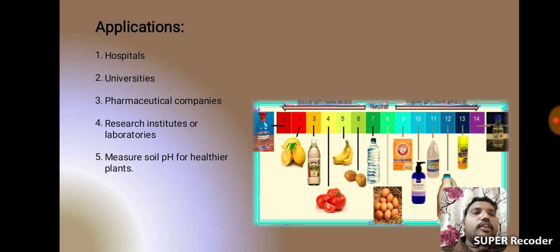Goli soda water has a pH value of 5.6 also. And chicken, non-vegetarian, has pH values of 4.8 to 6.5. Next, fish and mutton have a pH value of 6.8. It's near to neutral. These are the different applications.